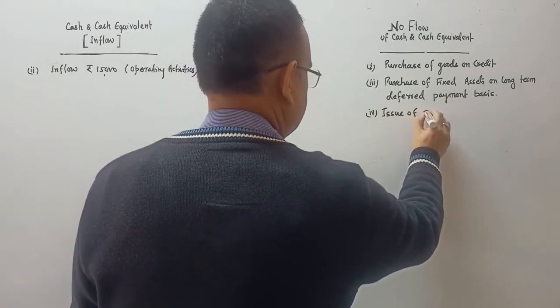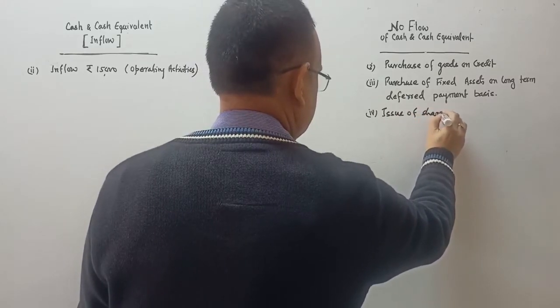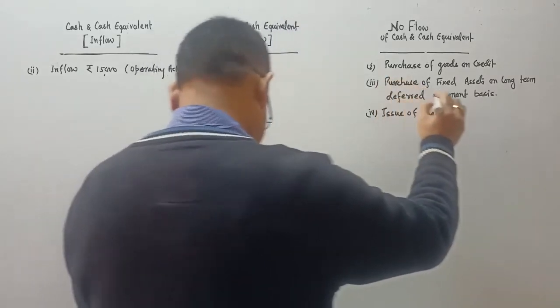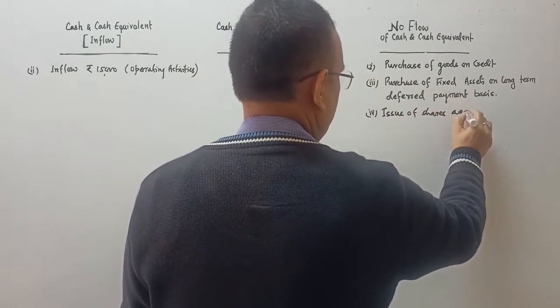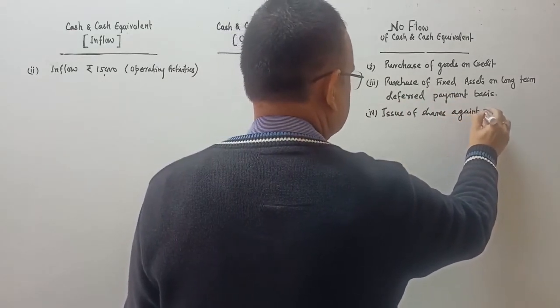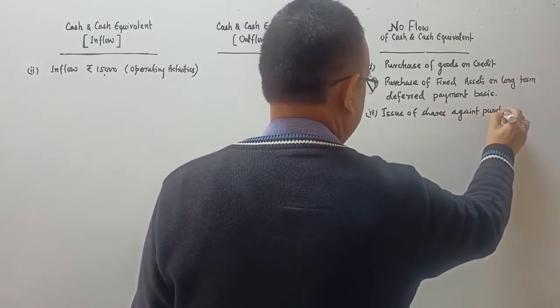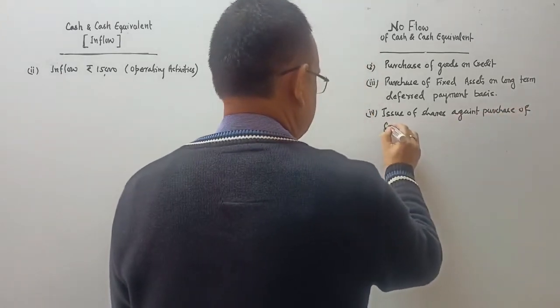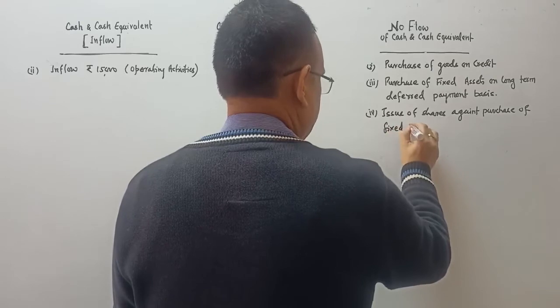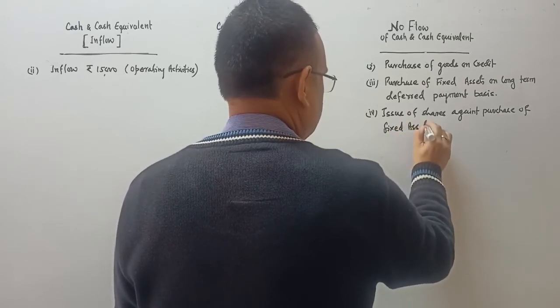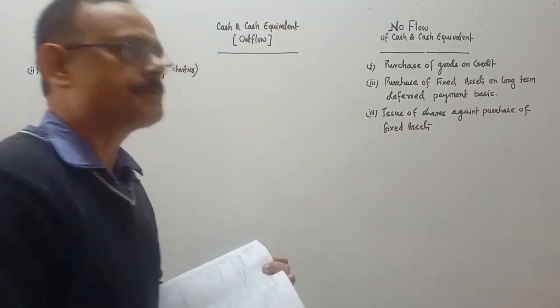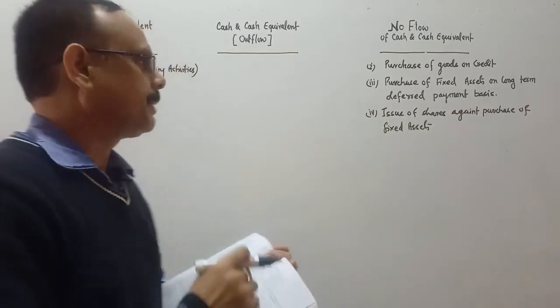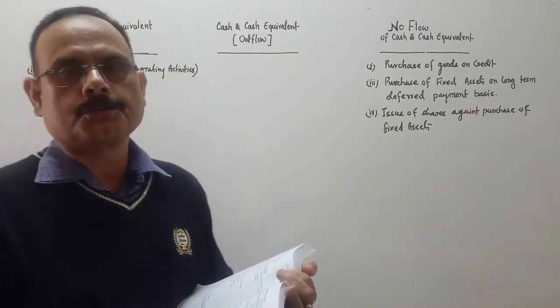Fourth number, issue of shares against purchase of fixed assets. Both sides are non-current items. Issue of share is non-current and purchase of fixed assets is also non-current.